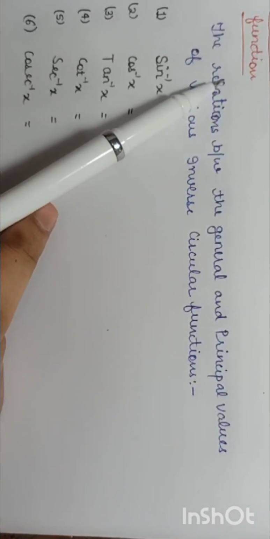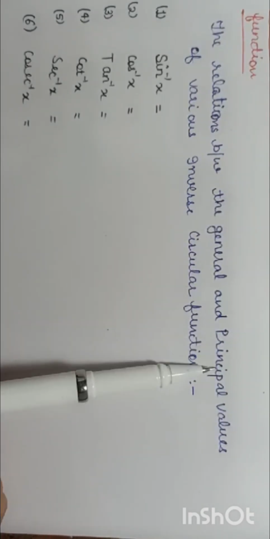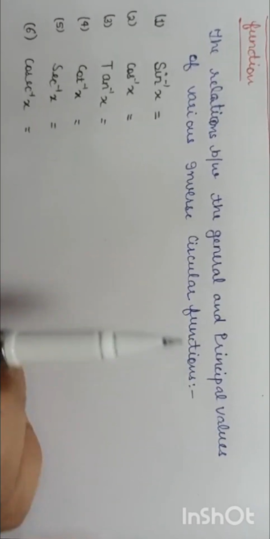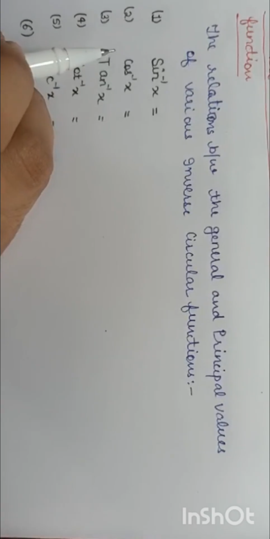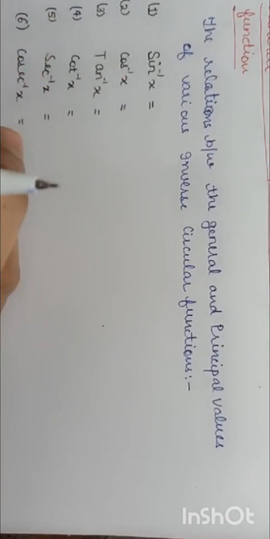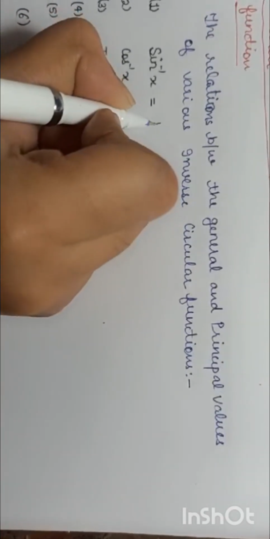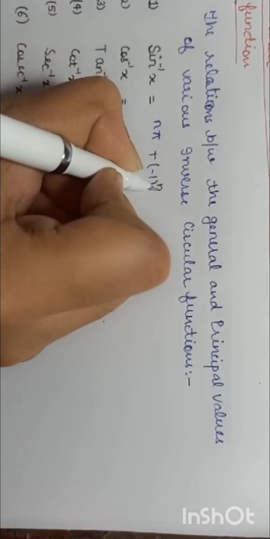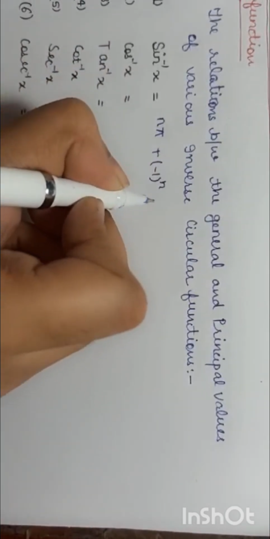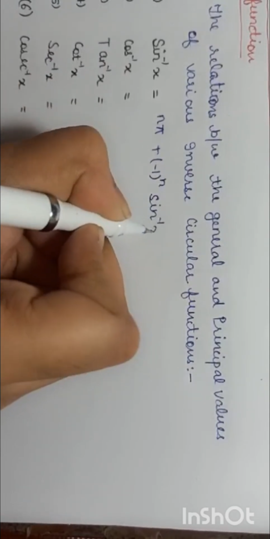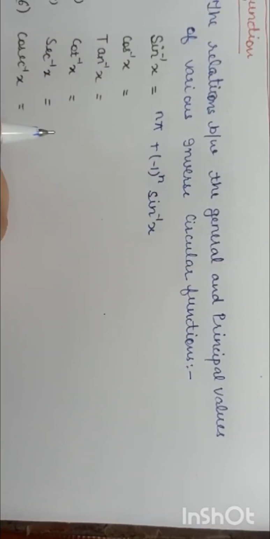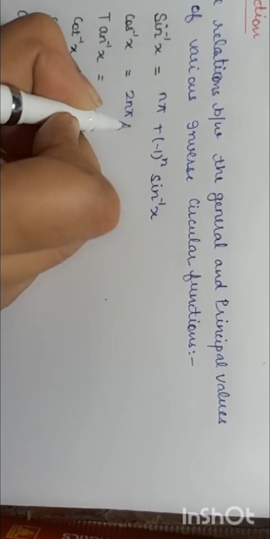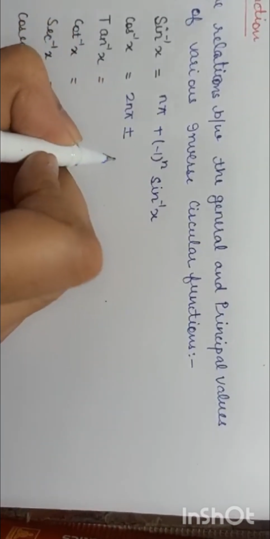These are the relations between the general and principal values of the various inverse circular functions. For sine inverse x it is n pi plus minus 1 to the power n sine inverse x. For cos inverse x it is 2n pi plus minus cos inverse x.